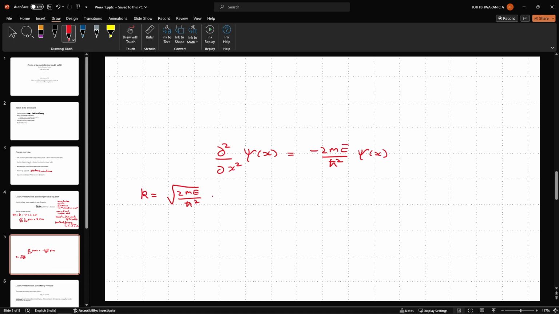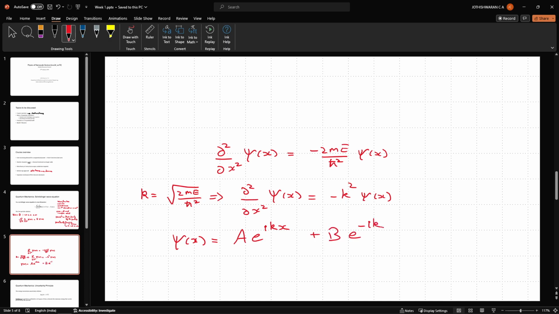That implies this equation will become ∂²/∂x² psi of x is equal to minus k squared psi of x. So this is the standard form, and this has solutions of the form psi of x is equal to A e to the power ikx plus B e to the power minus ikx.